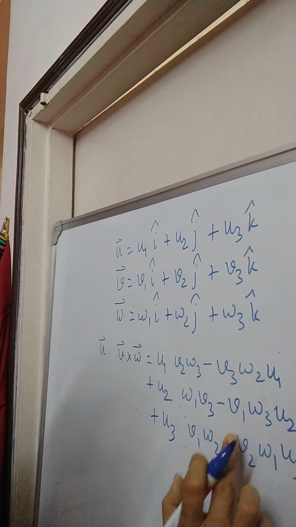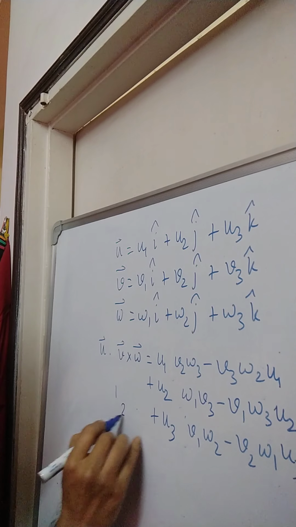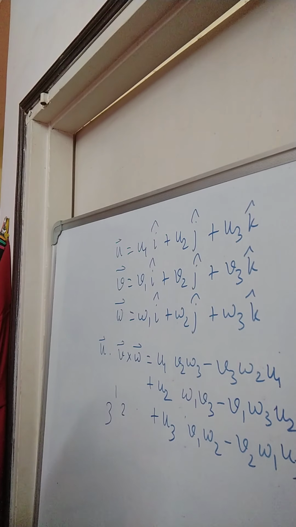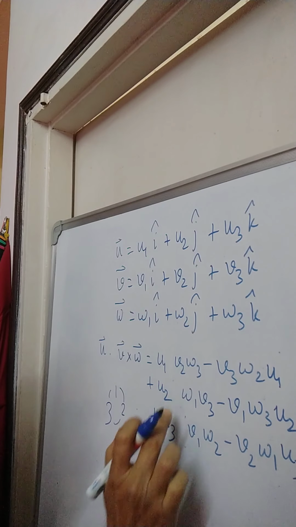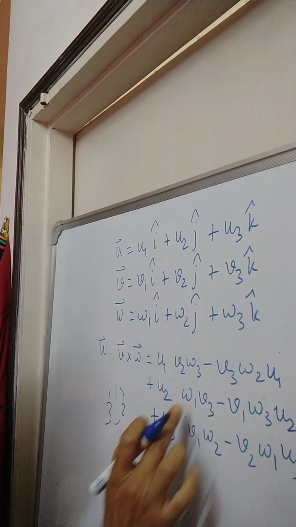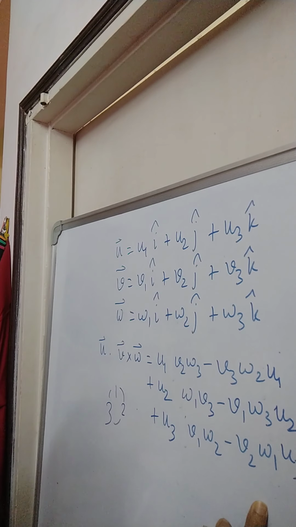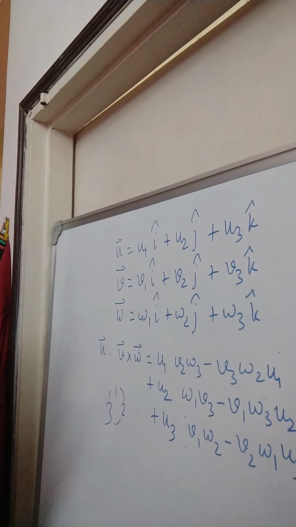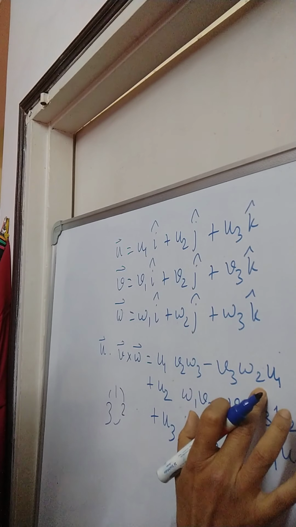And these are the negative terms. Why? Because if they are just numbers, then the order is maintained in all three positive terms: 1, 2, 3, then 2, 3, 1, then 3, 1, 2. In the others, it is in reverse order: 3, then 2, and then 1.